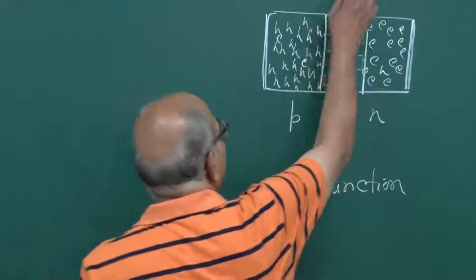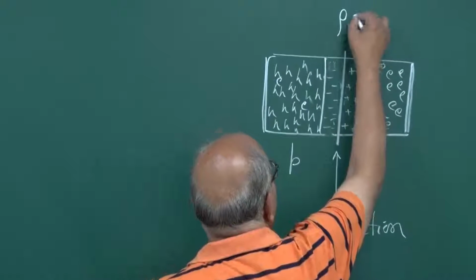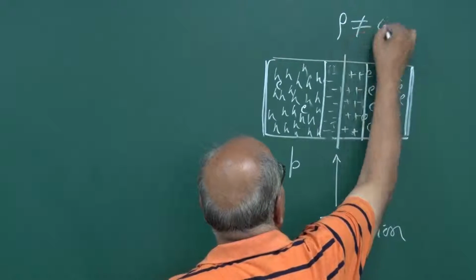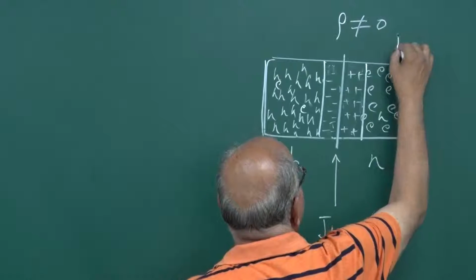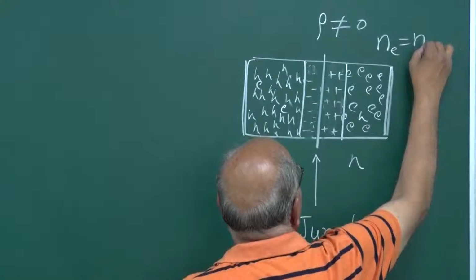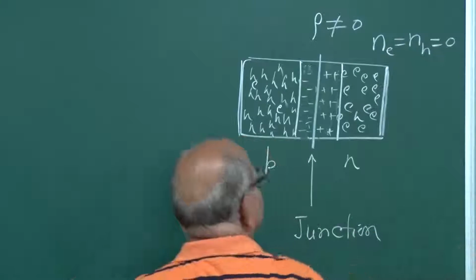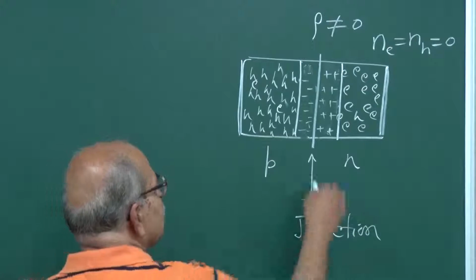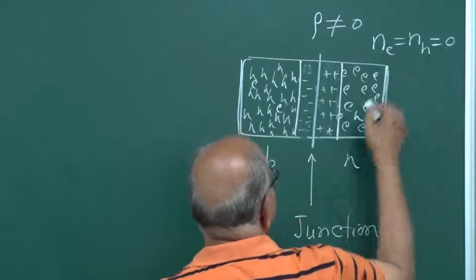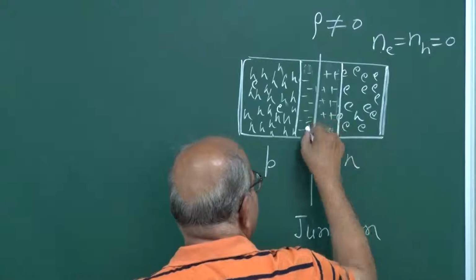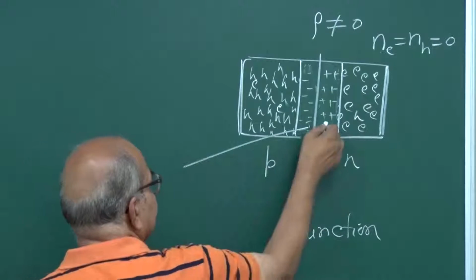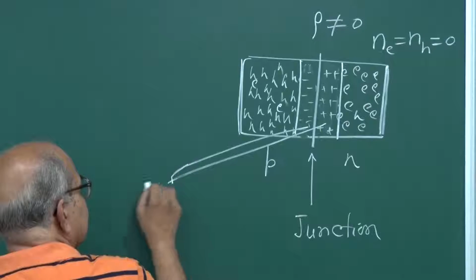So you have rho, the charge density rho, which is not 0, but the charge carrier density is 0. So this whole region where you do not have charge carriers is known as the depletion region.